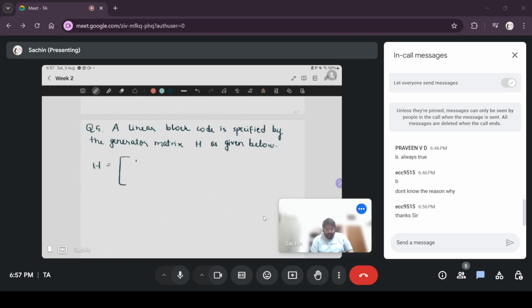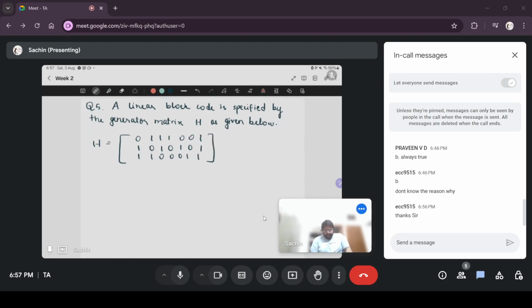And the H matrix is 0111, 001, 101, 0101, 11000011. What are N and K? I'll give you 2 minutes to solve this. In the meantime, I'll use the washroom and come back.